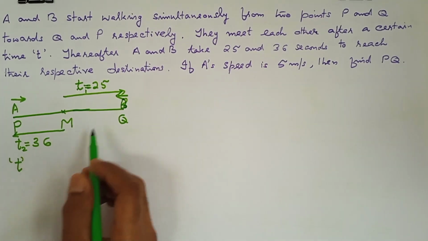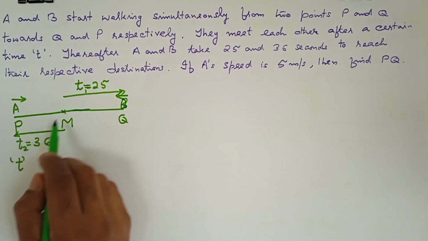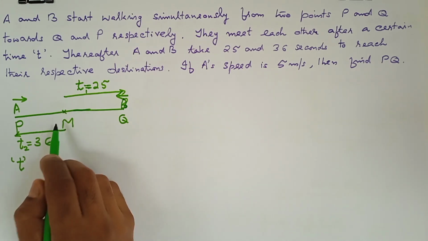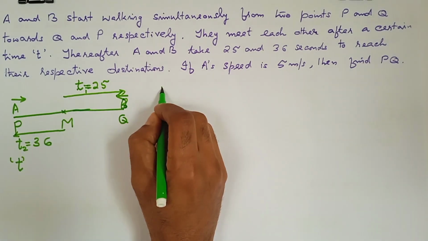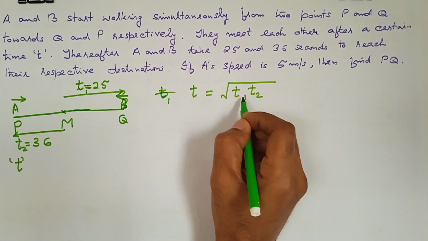One T, the time after which A and B meet at M, and T1, T2, the lengths of time taken by A and B to move from the point of meeting to their respective destinations. There is a relationship between T1 and T2. That relation is this: T equal to root of T1 times T2.